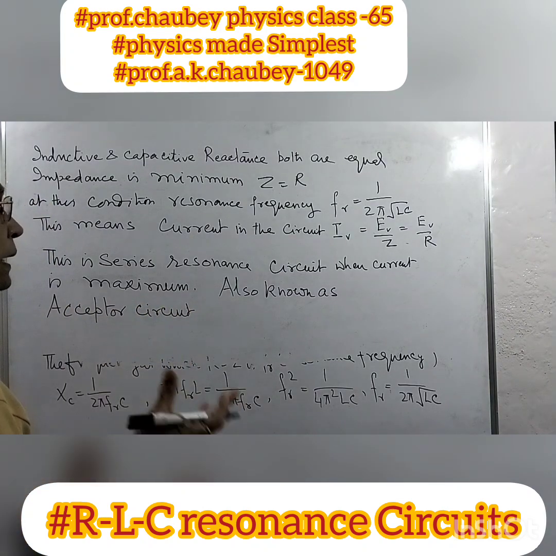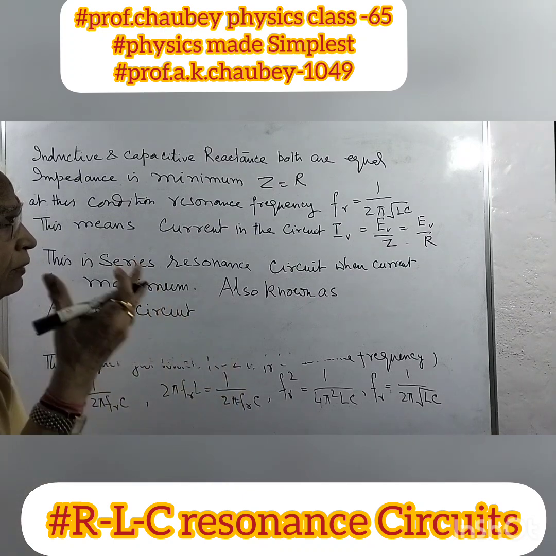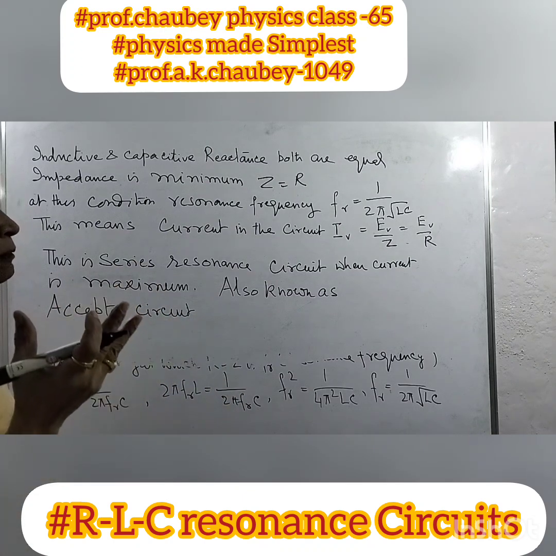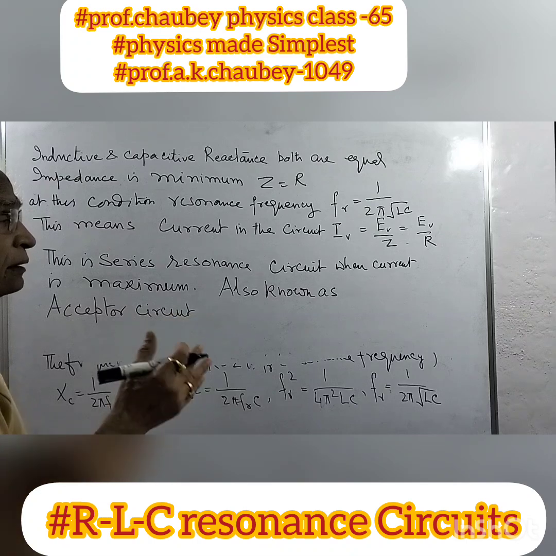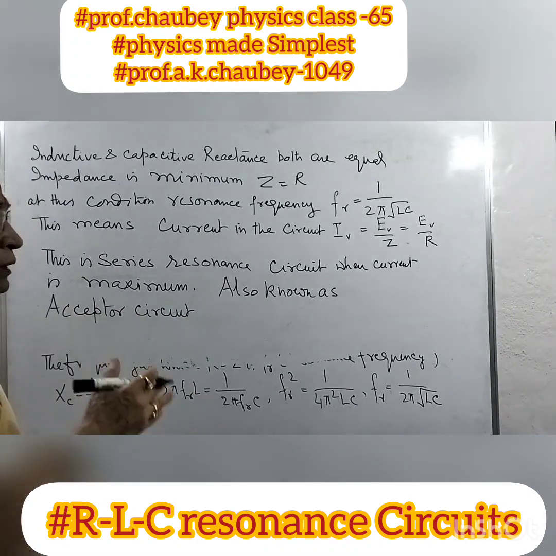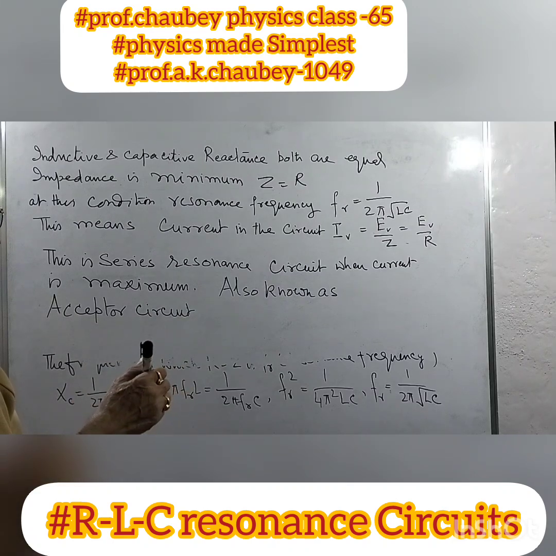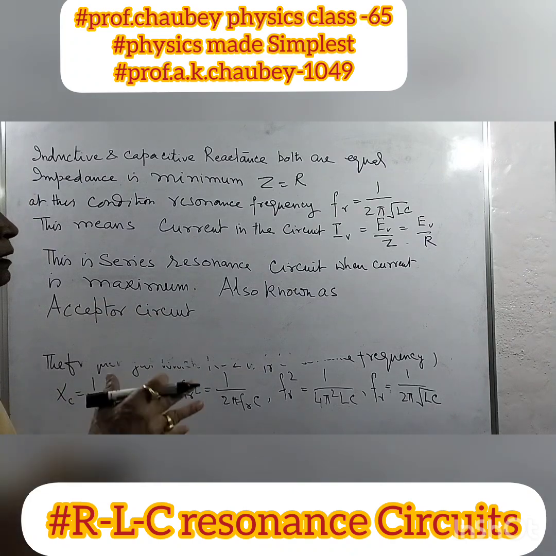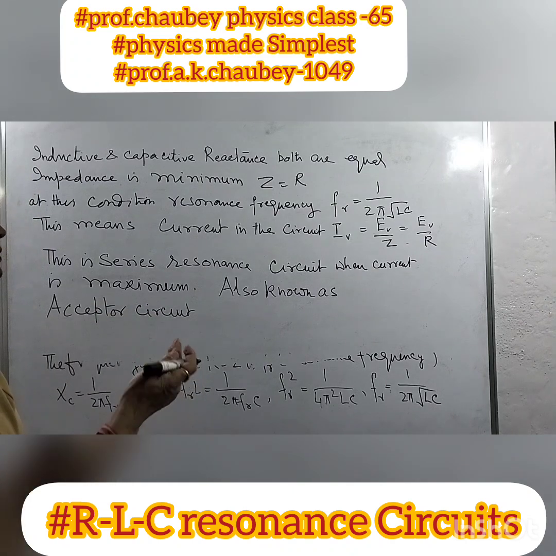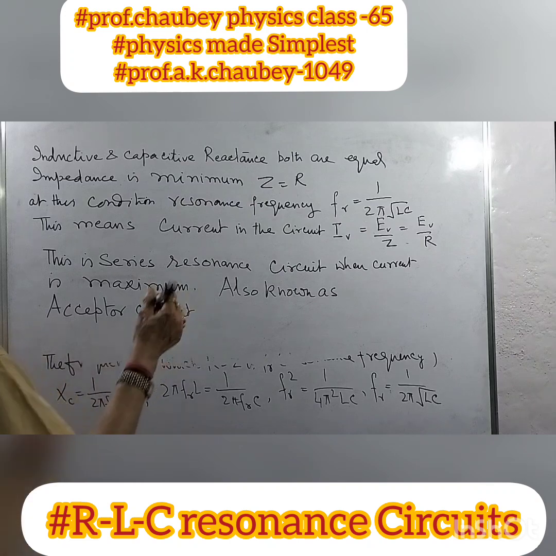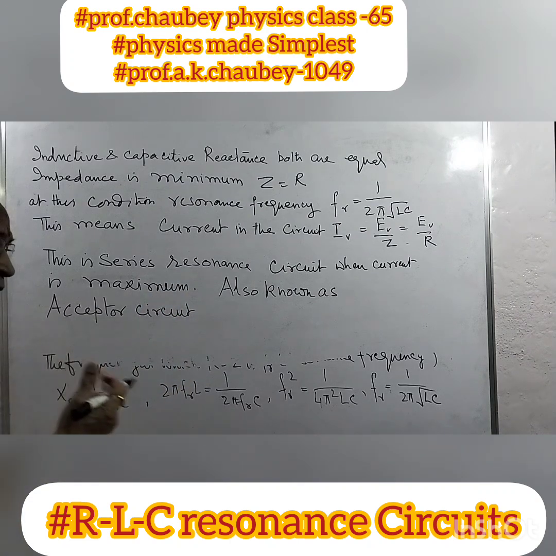The circuit accepts one frequency for which current is maximum; for other frequencies the currents are less. So we can select that frequency for which current is maximum. It means it accepts that frequency and gives maximum current. So such circuits are known as acceptor circuits, meaning they accept the frequency and give maximum current.